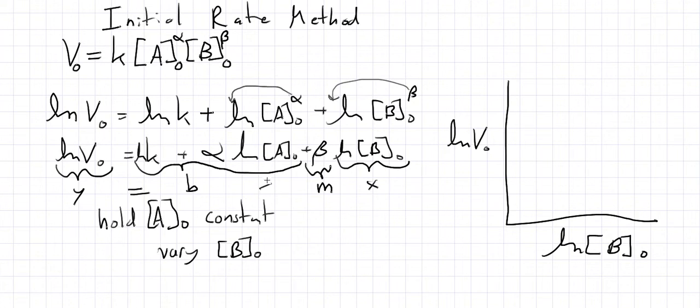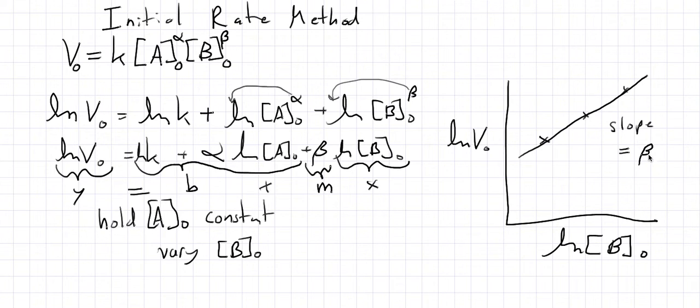So now we have y equals mx plus b, and the slope of the line that we get is going to be the order in B. And the y-intercept is going to be the log of the rate constant plus the order in A times the log of A naught. So when we do this, we're going to get a bunch of points, and the slope of that line is equal to beta.